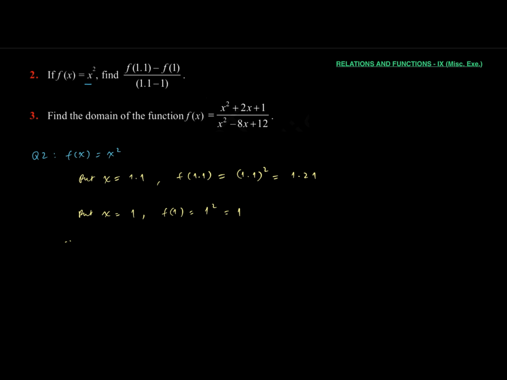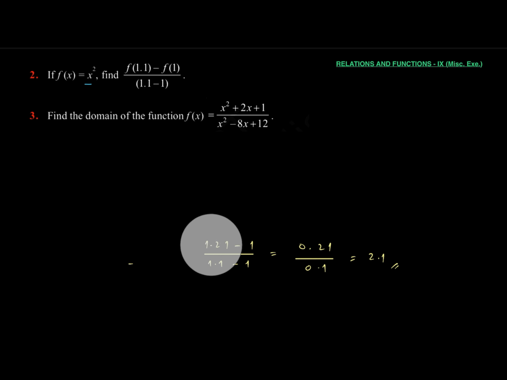So therefore our expression, that is f of 1.1 minus f of 1 whole divided by 1.1 minus 1, will be equal to 1.21 minus 1 whole divided by 1.1 minus 1, and this will be equal to 0.21 over 0.1, and this will be equal to 2.1. So this is our answer.